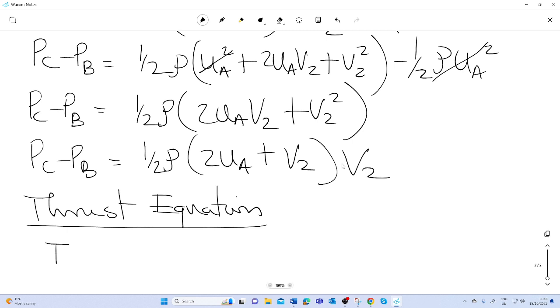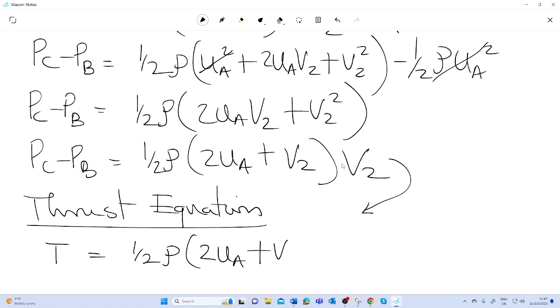Thrust now becomes half rho, using this equation, half rho (2 UA plus V2) V2 multiplied by the area, which is pi r squared for the rotor.